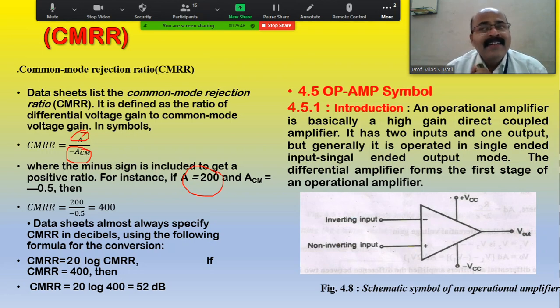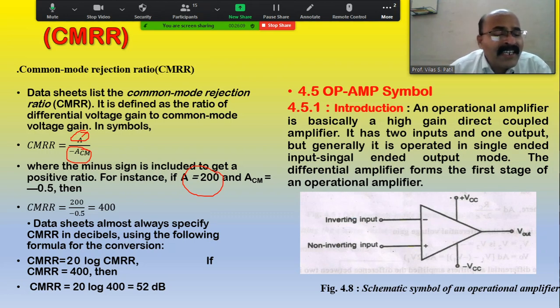Means that is the voltage gain in the differential mode, that is very high in case of operational amplifier. In operational amplifier voltage gain is very high. Okay, then consider A is 200, then minus ACM is equal to minus 0.5.